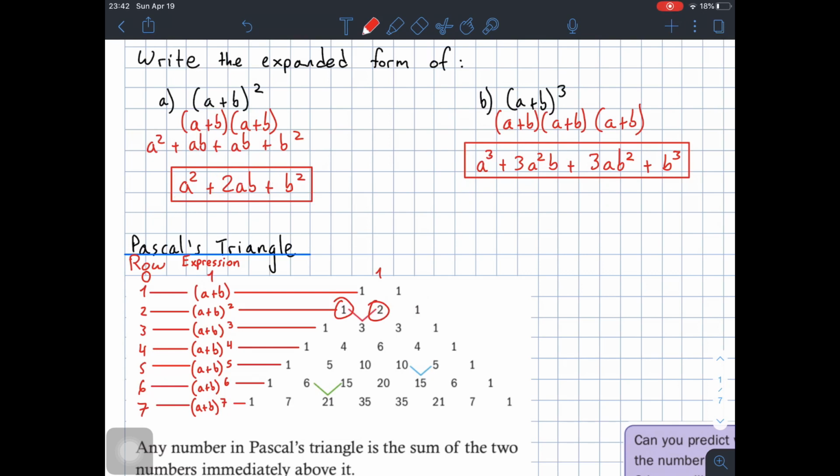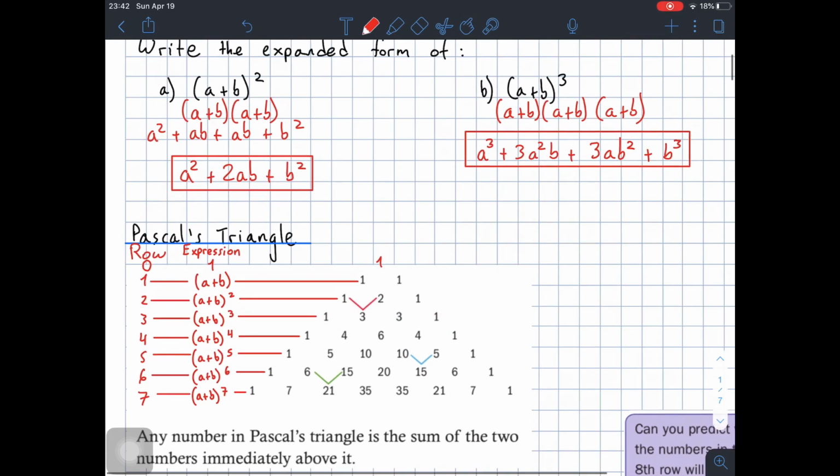Okay? If we take a look at the cubic binomial, we would see that this is a row in the Pascal triangle, and the coefficients are 1, 3, 3, 1, which are exactly the numbers we have here. 1, 3, 3, and 1. Okay, so that's the usefulness of the Pascal triangle.